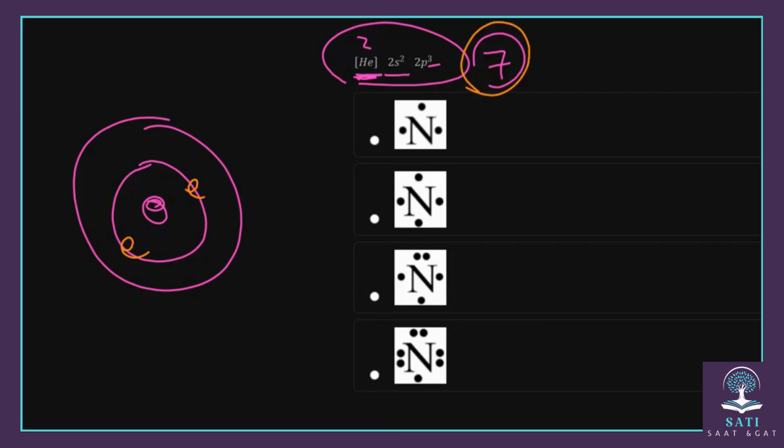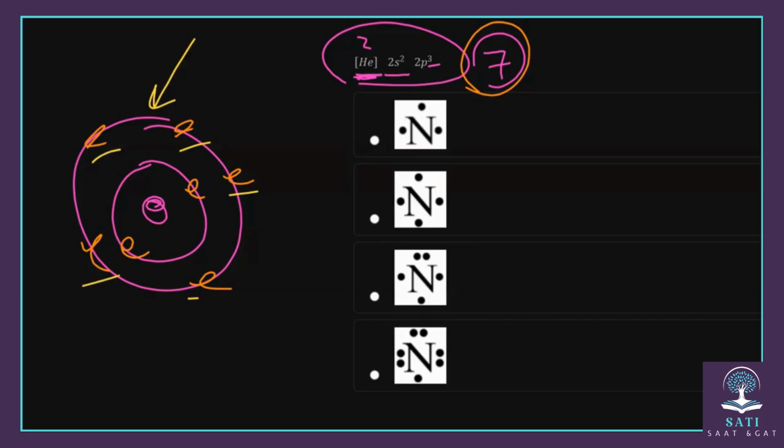When we use 2, that means 5 left. So 1, 2, 3, 4, 5 electrons. And as we know, valence electrons are the electrons in the outermost shell. So how many electrons are in the outermost shell? That means in this shell, how many electrons? There are 5. So 5 are represented as the valence electrons.